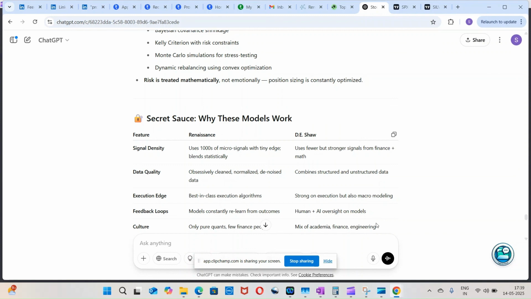DE Shaw, to counter that, doesn't assume the normal distribution. It even accounts for outlier black swan events and models them also, so that it is taken into factor from a risk management perspective.